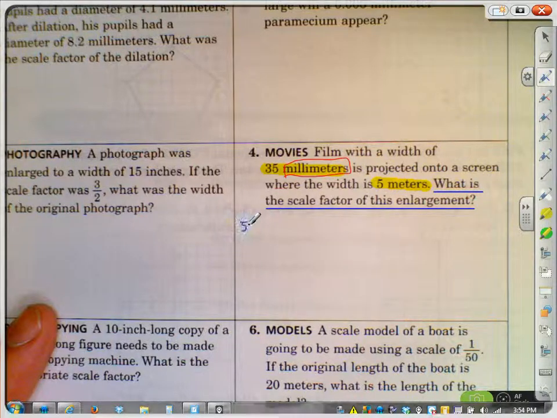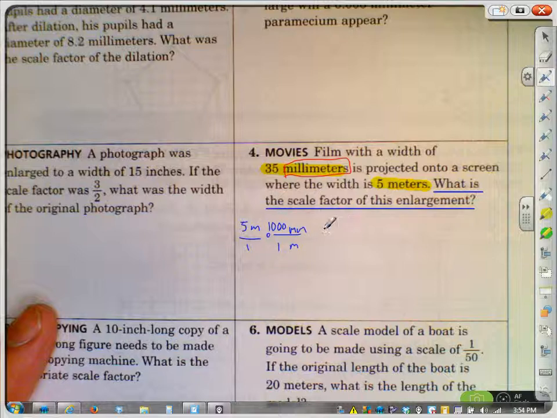So I'm going to say 5 meters over 1, and then we're just going to do dimensional analysis, just because we just learned about that. And then we're going to multiply that. Meters were on top, they go to the bottom. And then millimeters is on top. And we know that 1 meter is 1,000 millimeters.